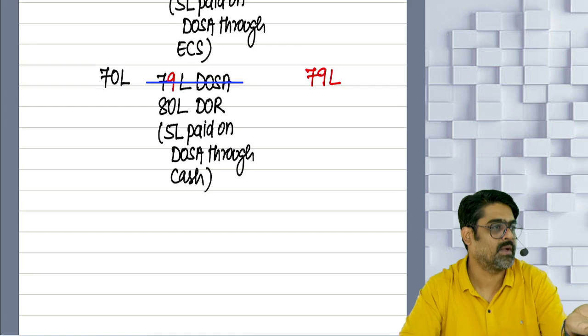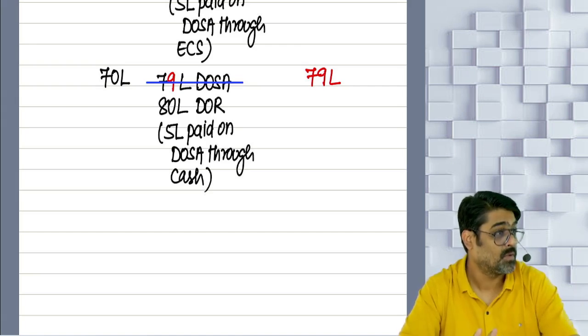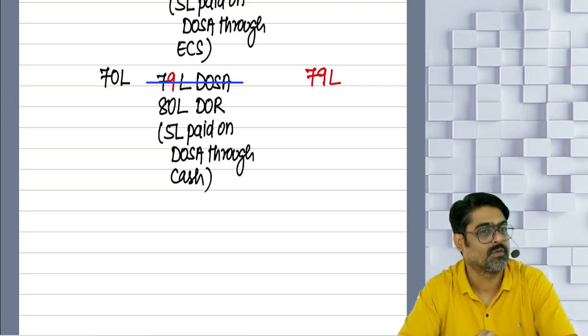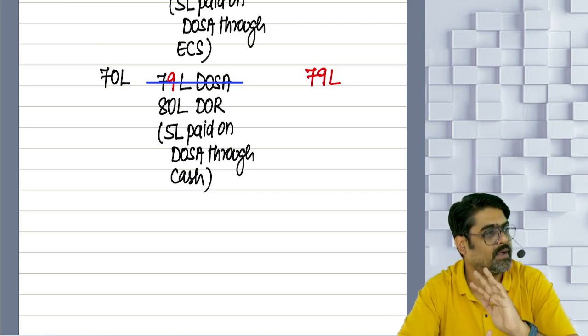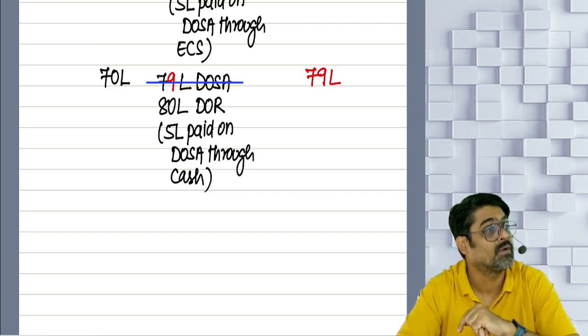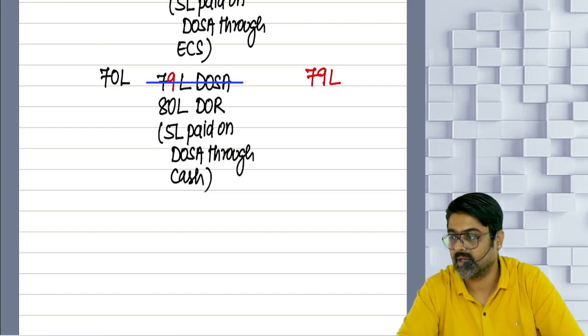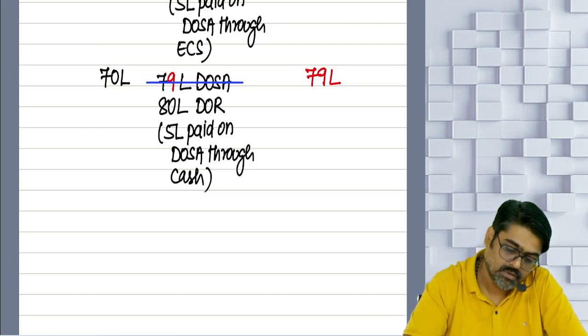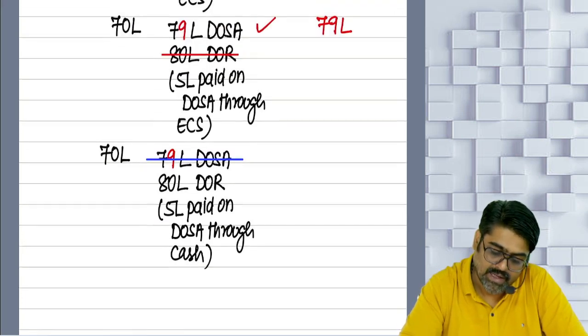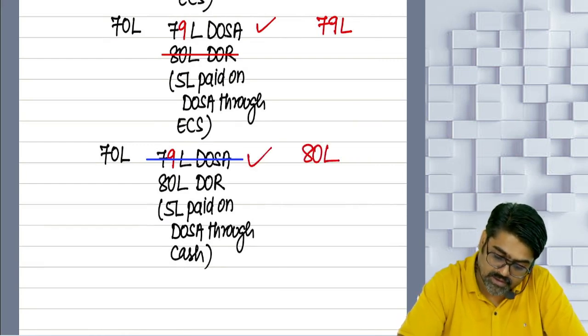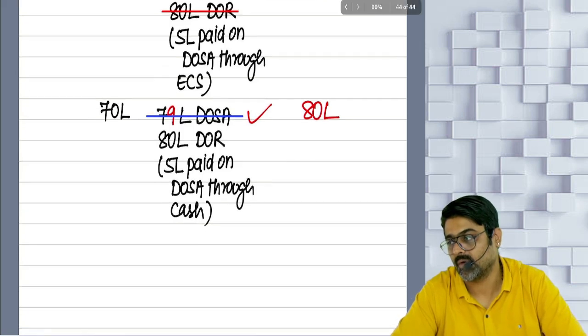On or before the date of sale agreement the consideration is paid, but it is not paid through prescribed modes. So that 79 lakh cannot be taken. The stamp duty value as on the date of registration will be taken. Now that stamp duty value and 70 lakhs, is it the difference of 10 lakhs? Yes or no? And that difference is more than 7 lakh. Tell me, 50C will apply? Yes. And 80 lakhs will be treated as your full value of consideration.